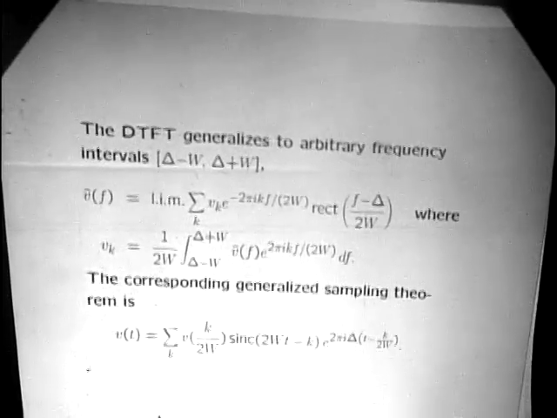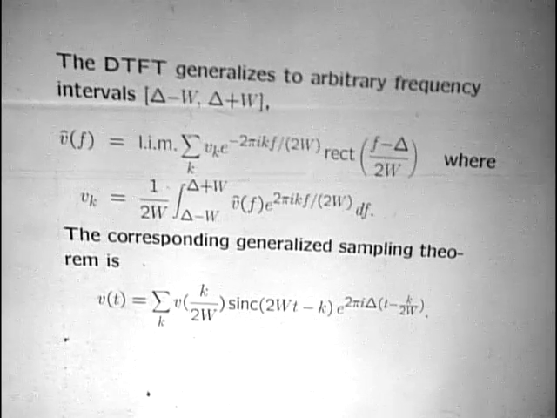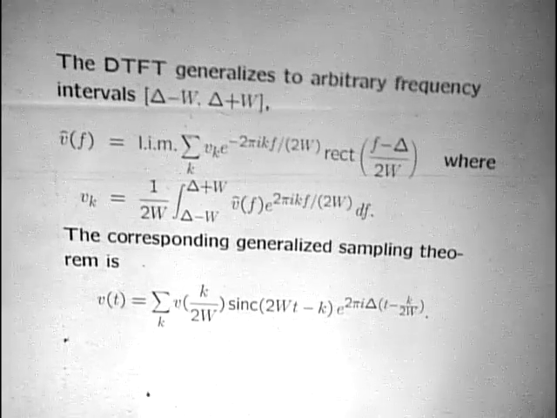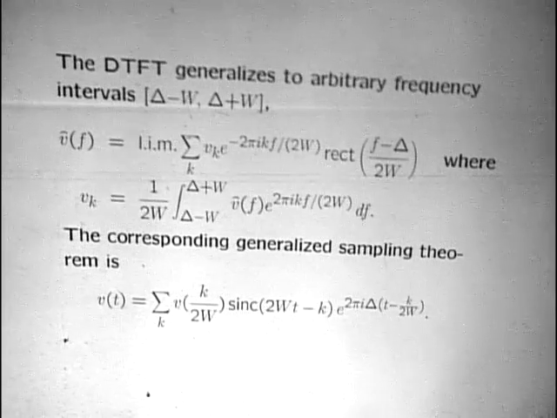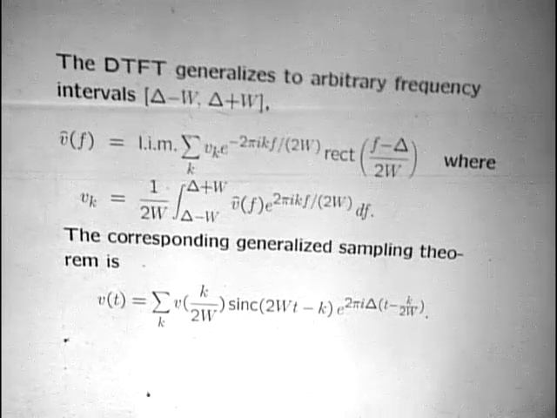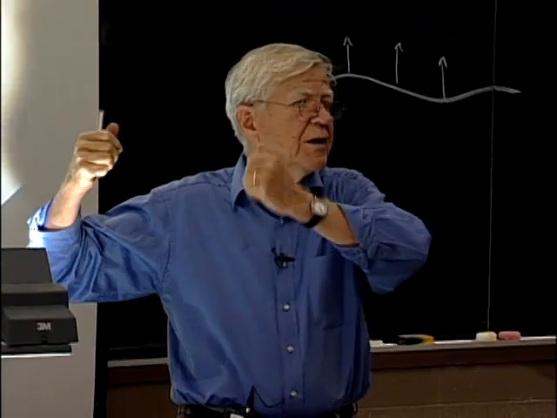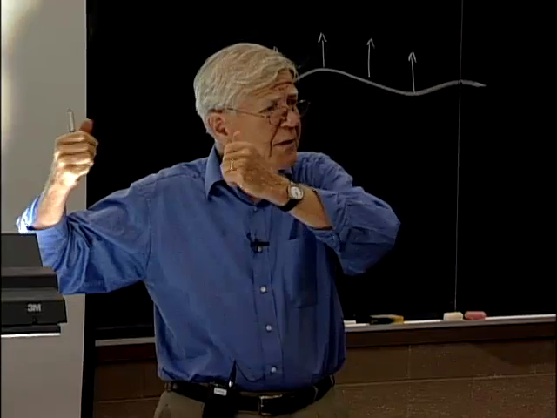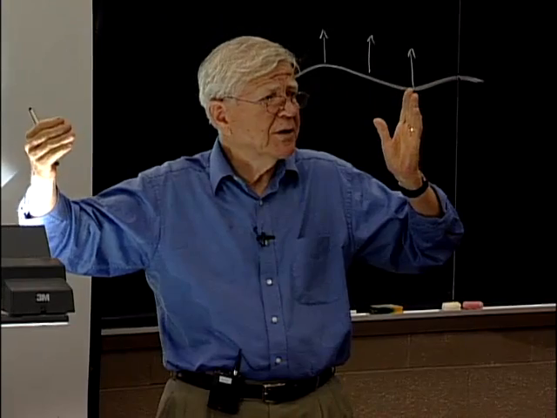Well, the discrete-time Fourier transform generalizes to arbitrary frequency intervals just as well as to a baseband interval. Namely, you can do exactly the same thing as what we've just done if you're looking not at the range of frequencies from minus W to plus W, but you shift that up to any old place you want to and look at delta minus W to delta plus W. And in fact, the discrete-time Fourier transform, if you don't put the rectangular function in it, is going to be periodic anyway.